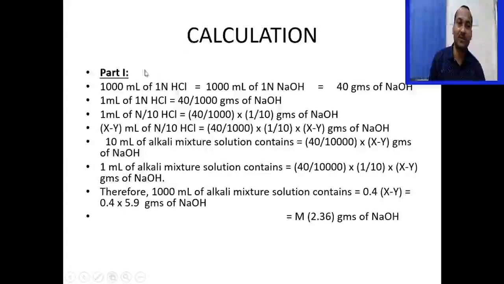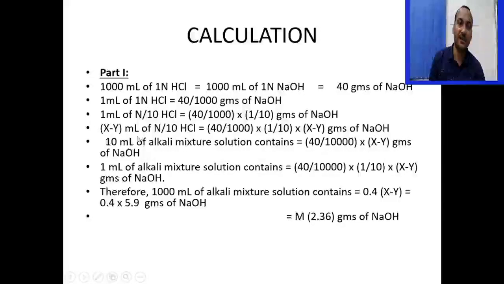While coming to the calculation, this is the basic equation we have to use. 1000 ml of 1 normal HCl equals 1000 ml of 1 normal sodium hydroxide, that is equal to the equivalent weight of sodium hydroxide, that is 40 grams. So 1 ml of 1 normal HCl will be 40 by 1000 grams of sodium hydroxide. So 1 ml of N/10 HCl will be equal to 40 by 1000 into 1/10 grams of sodium hydroxide. Then x minus y ml of N/10 HCl will be equal to that into (x minus y) grams of sodium hydroxide.